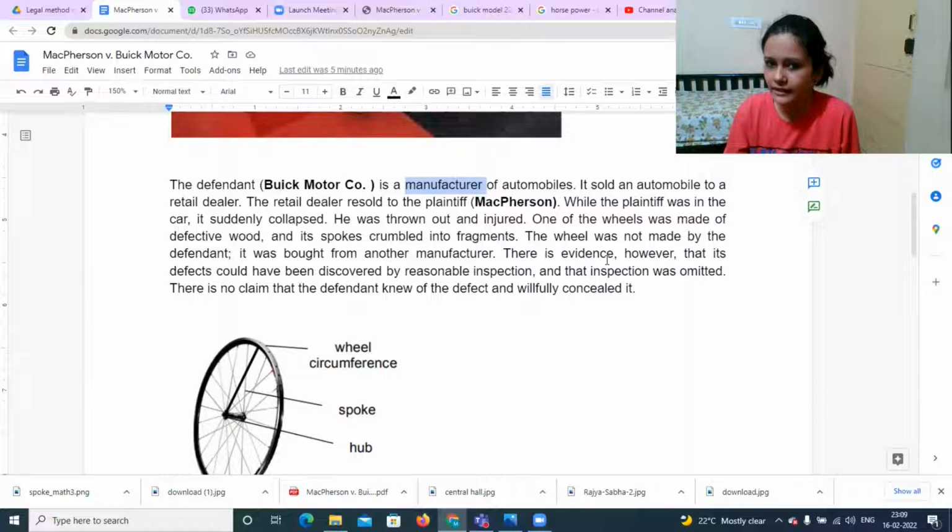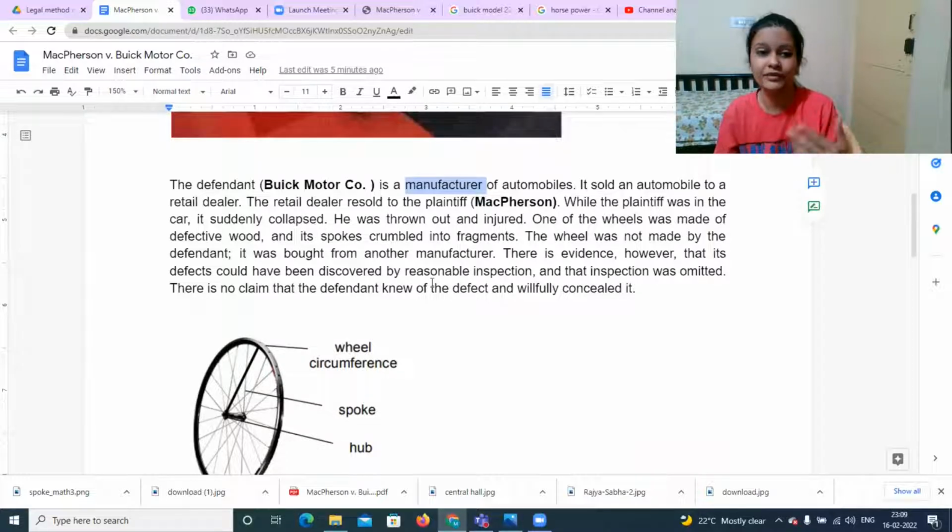And there is evidence, however, that the defects could have been discovered by reasonable inspection, and that inspection was omitted. So these defects were such that if you had seen it properly, if you had done the proper inspection, you would have come to know about it. But the manufacturer failed to do that necessary inspection.